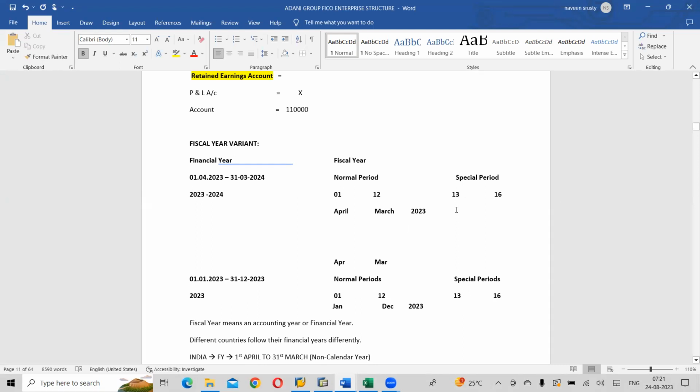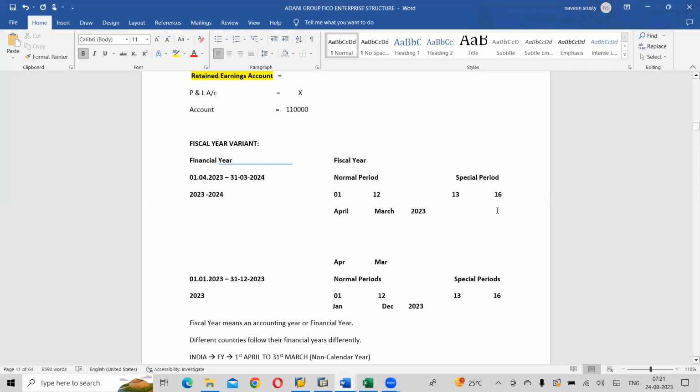In April 2024, on the 10th or 15th, he found 3 entries missing while doing the audit. So we will post this entry on 31st March 2024 by taking physical period 13, because we found this entry missing in the April month.